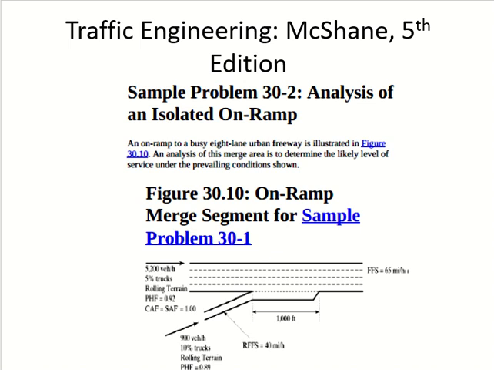What are CF and SF? Adjustment factors. They are saying one, meaning no adjustment. Peak hour factor is given, type of terrain is given, 5% trucks and so on. This is volume from the ramp. How many lanes do we have? Four lanes. Free flow speed of the freeway is given here, and this is for the ramp.